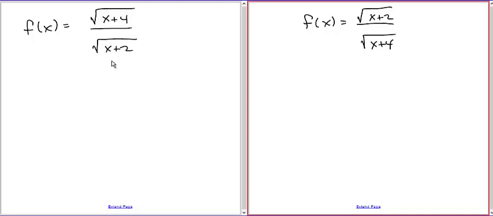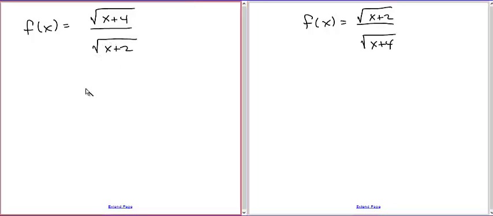In the first case, for the denominator, x plus 2 has to be greater than 0, because it has to be positive and you also can't have it 0. So x has to be greater than -2. In the numerator, x plus 4 has to be greater than or equal to 0. This is in the numerator, so it can be 0. So x is greater than or equal to -4.